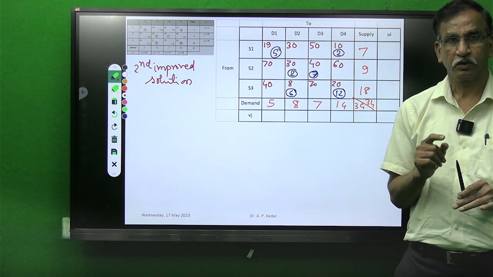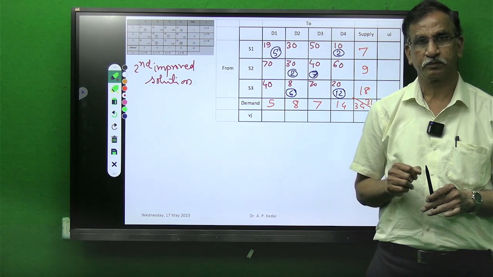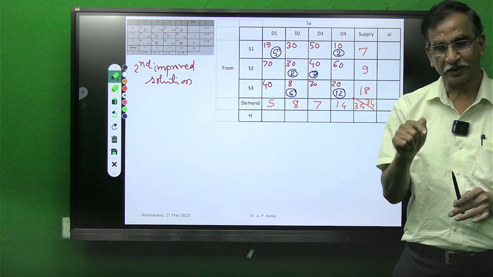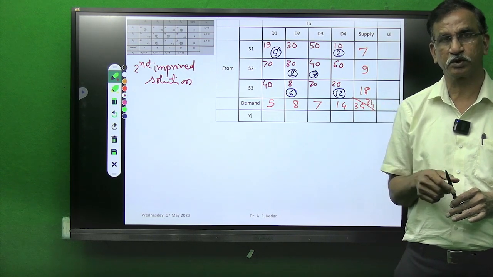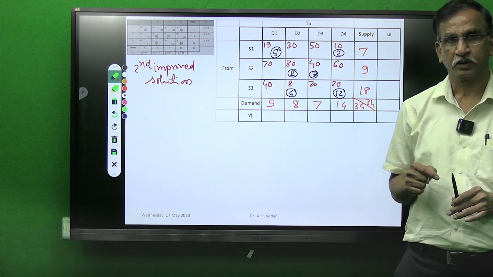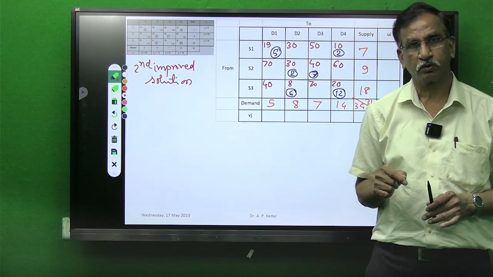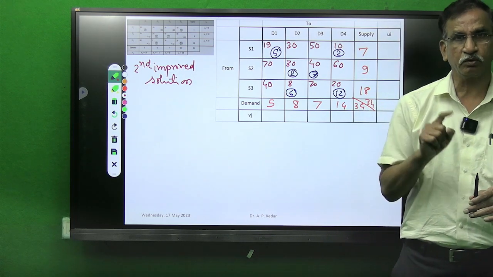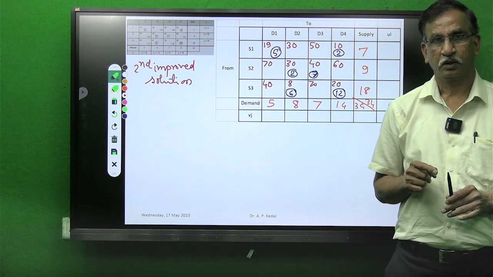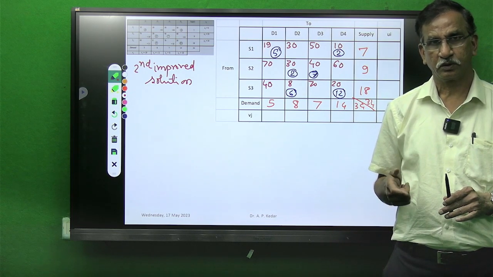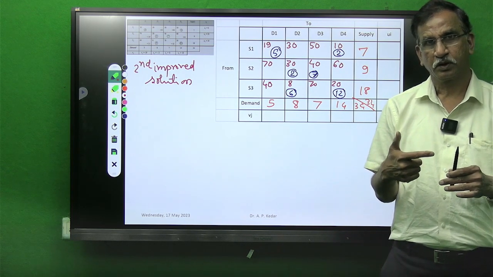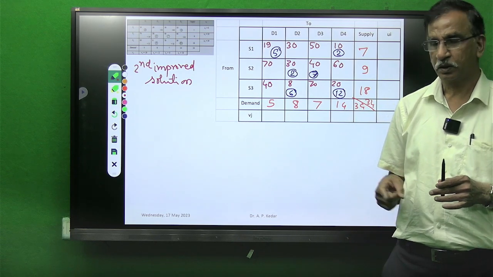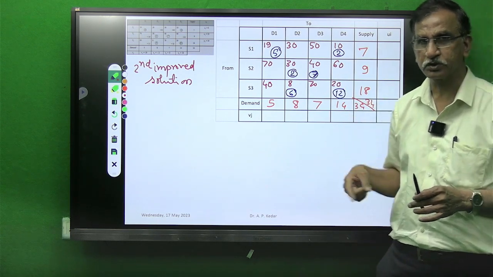The answer was rupees 779. We have checked optimality for that solution by modified distribution method, and we got one opportunity cost value negative. As I mentioned, the problem has entered in a loop. Again we have to repeat the same process.